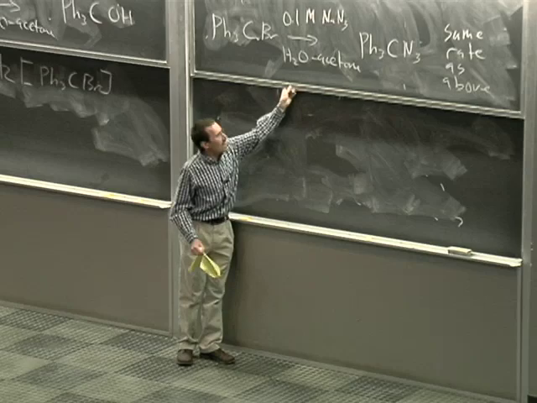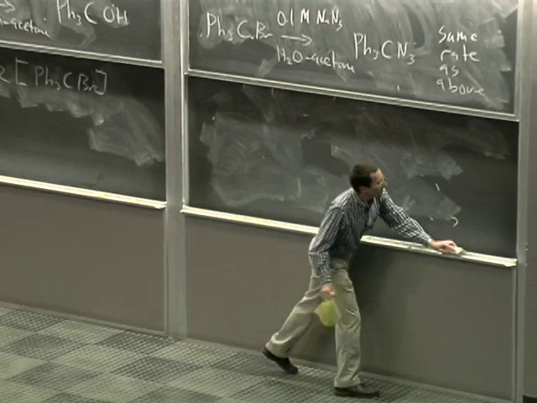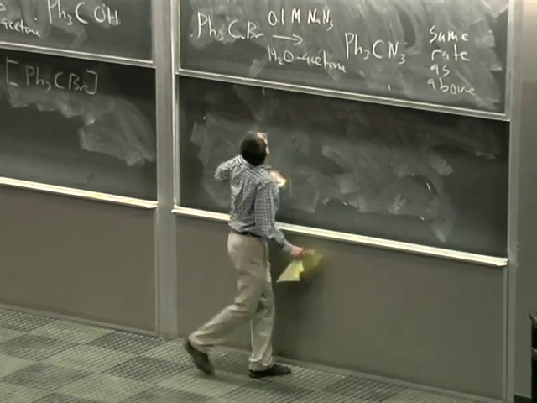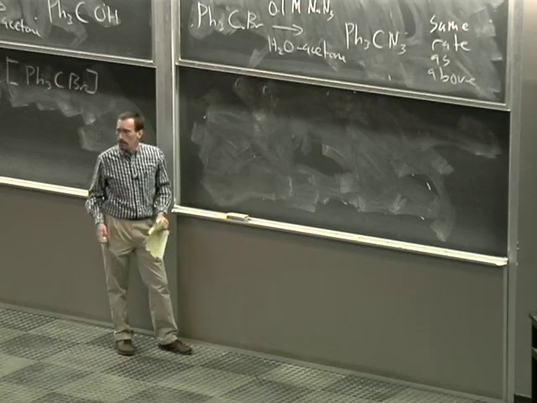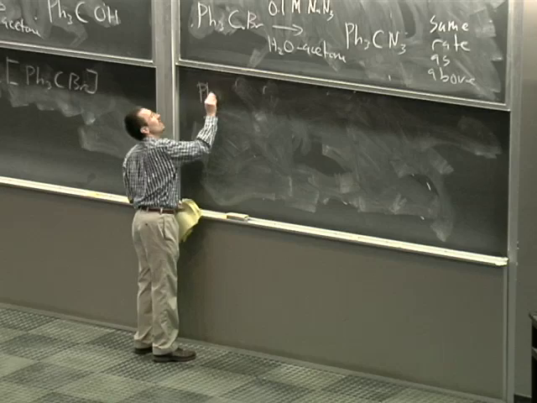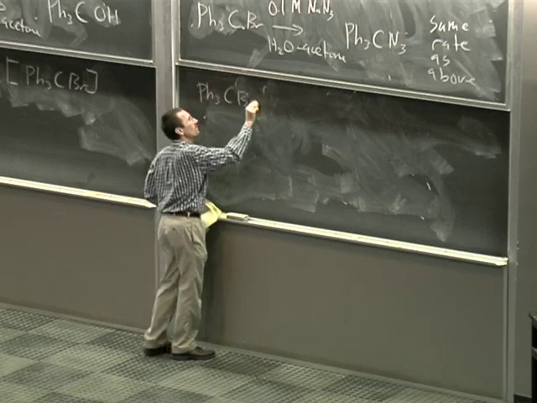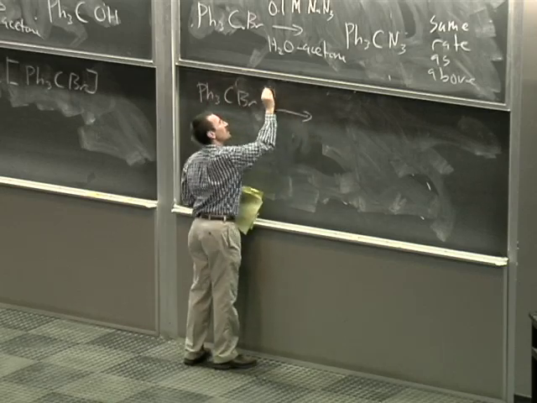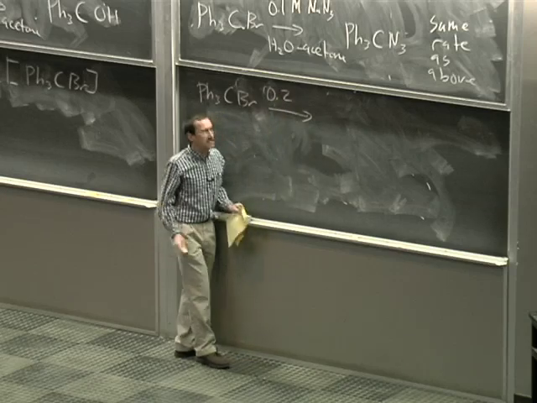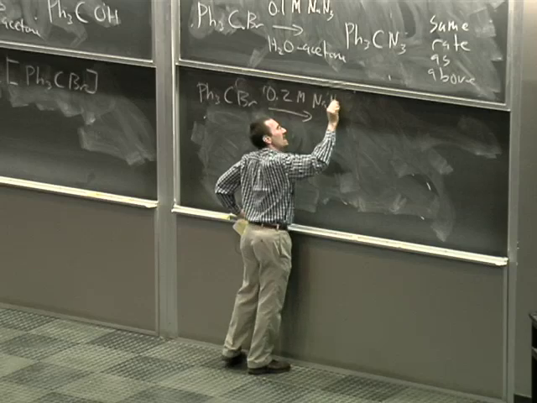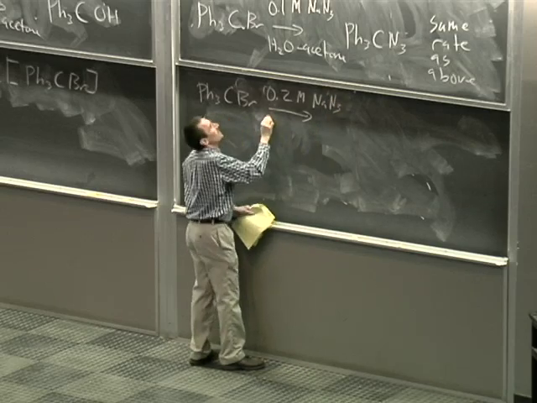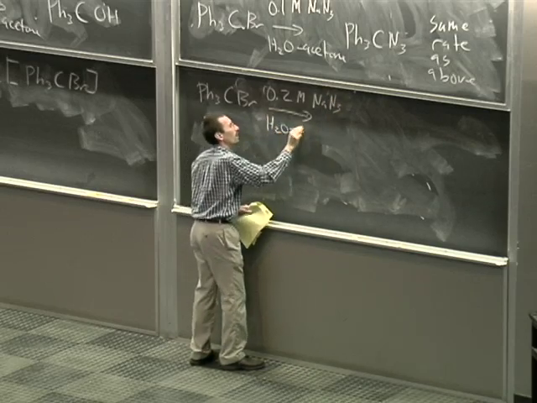Let's take a look now again in this experiment. This is what you would observe in the laboratory. Let's take this same reactant, and we'll take sodium azide, but we'll double the concentration of sodium azide. So now everything's the same except we're going to use 0.2 molar sodium azide, NaN3, in aqueous acetone.